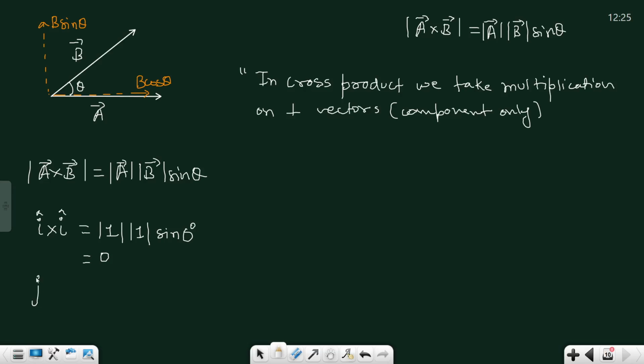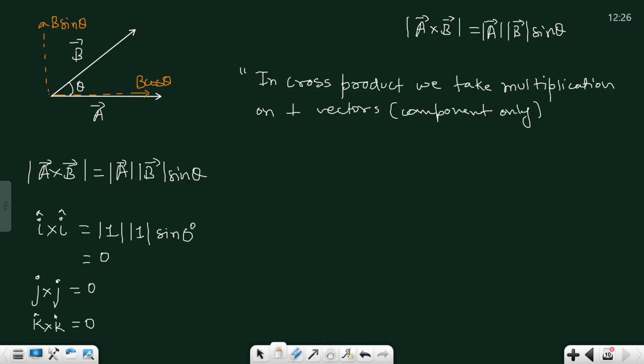Then next, J cross J is equal to 0, and K cross K is equal to 0. So that is just opposite to the dot product. In the dot product, I dot I was 1, J dot J was 1, and K dot K was 1.